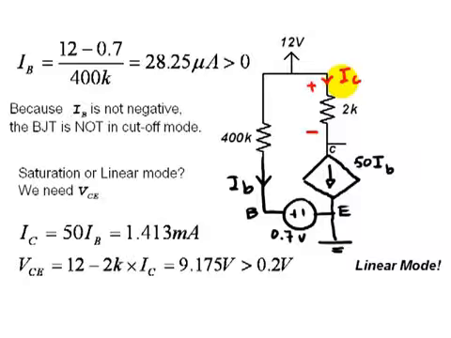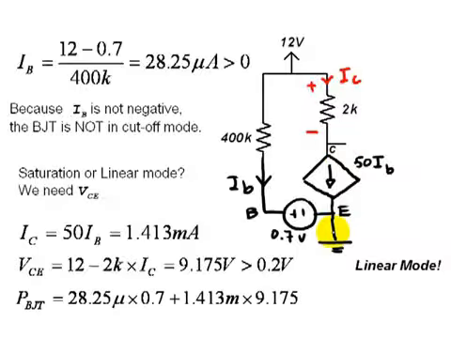The exercise does not end there. Let's compute now what is the power absorbed by this transistor. There is a little power absorbed here at the base emitter circuit, which is IB times 0.7 volts. And there is some power also absorbed by the transistor at this CE port, which is IC multiplied by VCE.